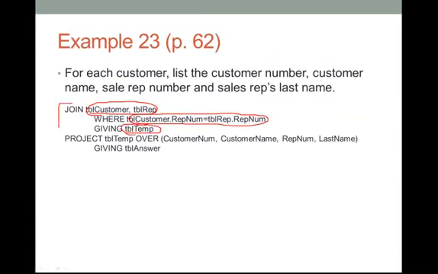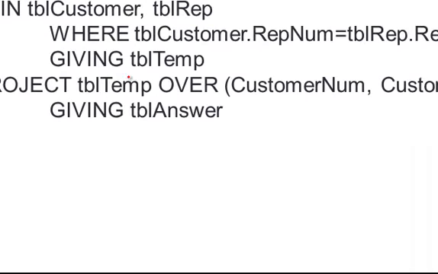Now all these three commands do is actually join the two tables together. Then I go on and I use my project command in order to select only those columns that I want. Notice I am projecting from the temporary table I just created named table temp.